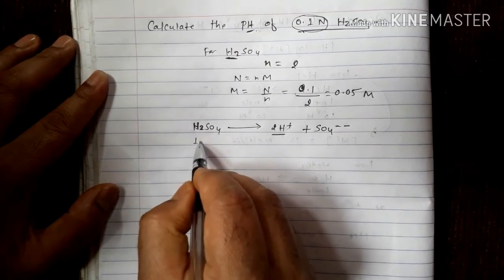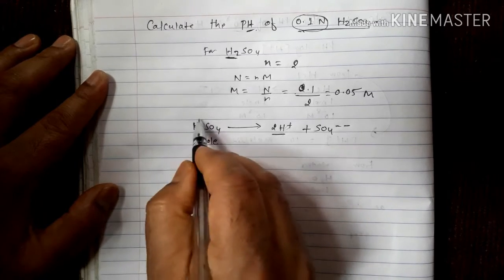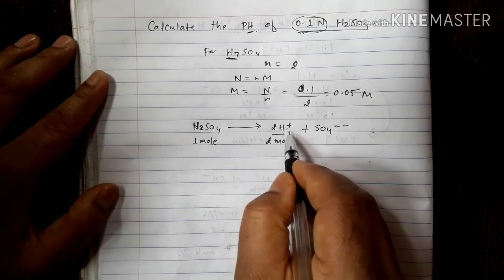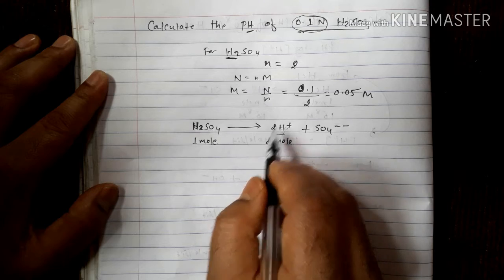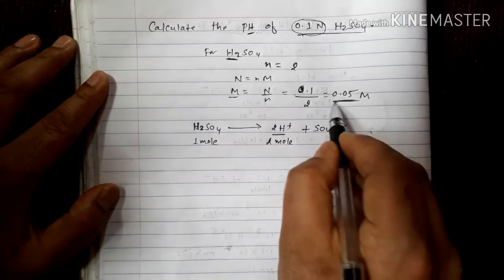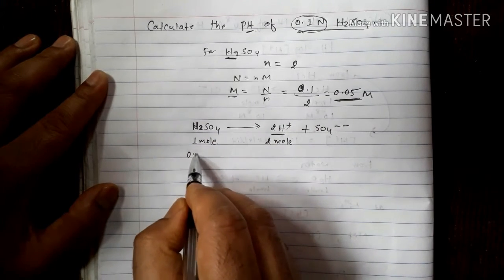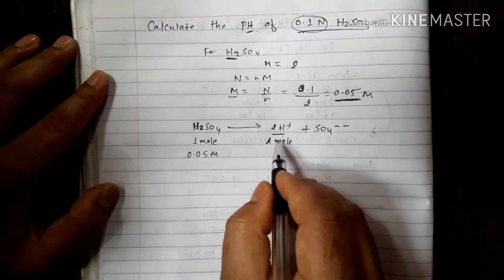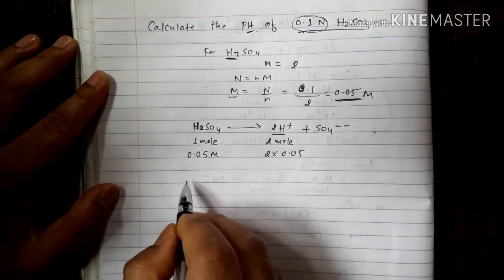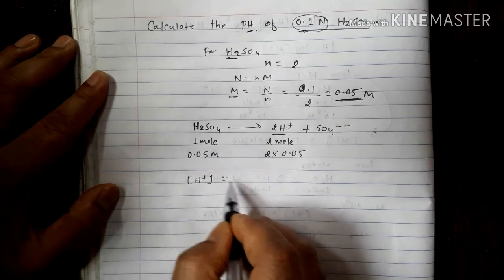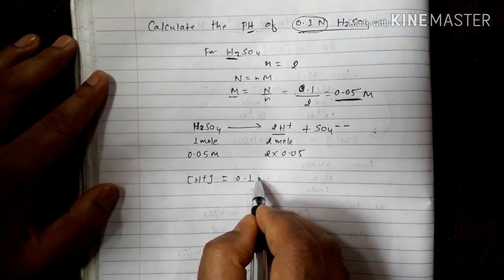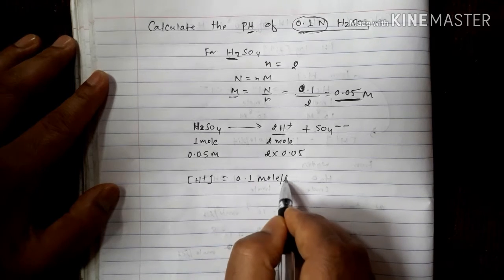It means when 1 mole of H2SO4 is completely dissolved in water, it is ionized to 2 moles of hydrogen ion, H plus ion. Here the given concentration of H2SO4 is 0.05. 0.05 molar H2SO4 gives double of this. Therefore, the concentration of H plus ion becomes, if you multiply, 0.1 moles per liter.